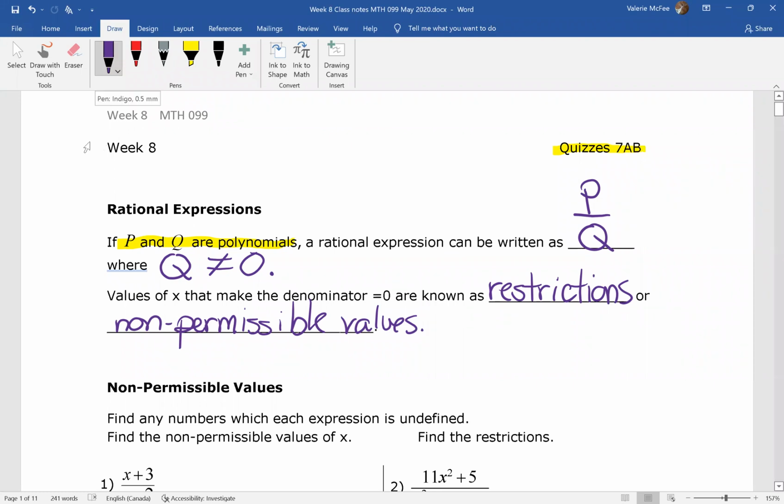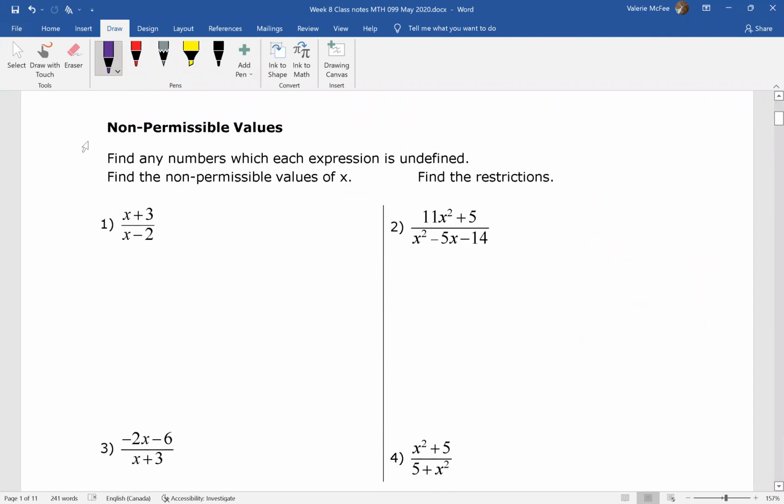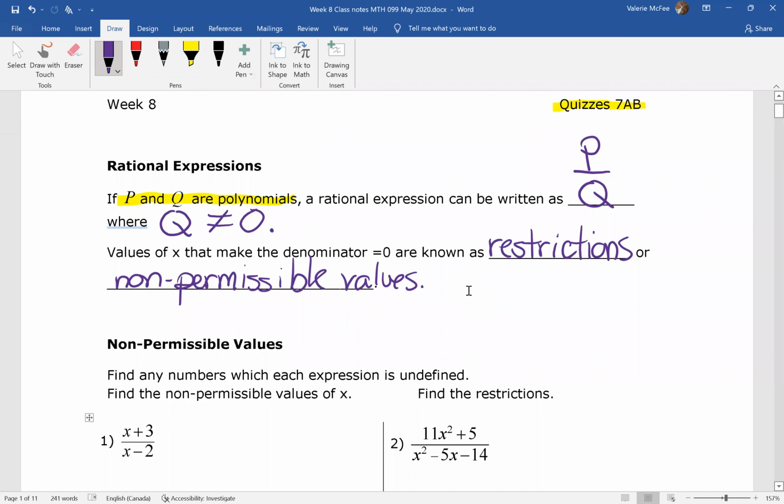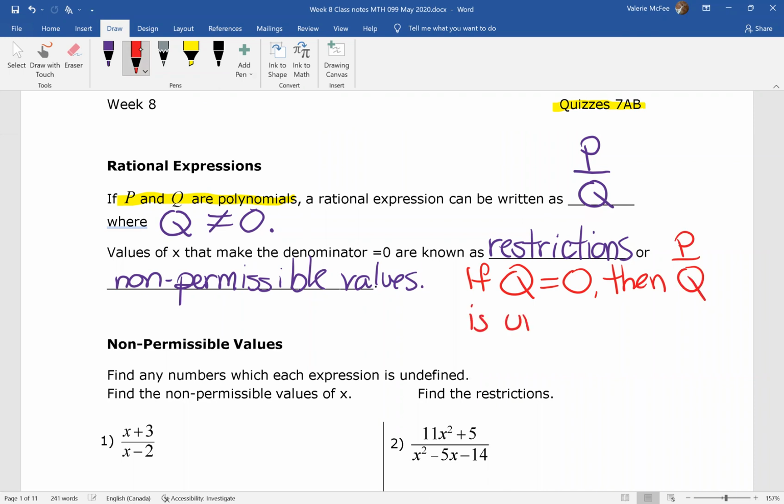So one of the things we want to talk about is finding our non-permissible values. You will often be asked to find any numbers for which each expression is undefined. Remember, if the denominator equals 0, then we would say that P over Q is undefined.